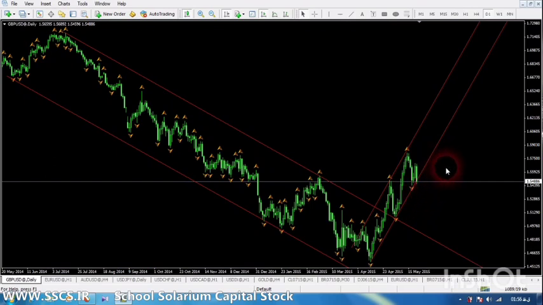I can't say it's going to become a downtrend until 50% of my candlestick is completed outside of the trend line, and I have a second candlestick that is completed outside the trend line as well. So I can draw it like that. This is a trend line.